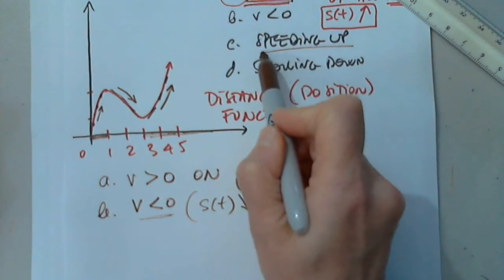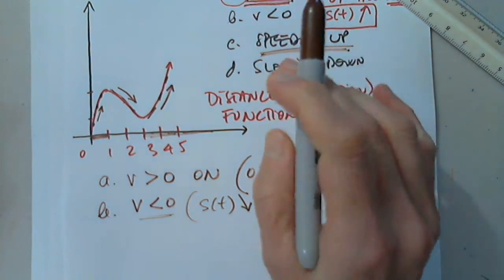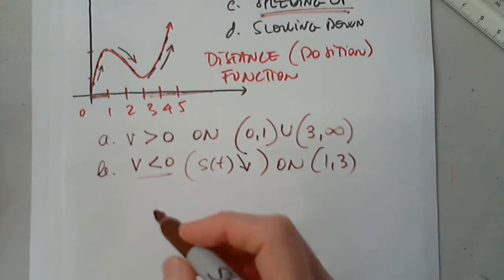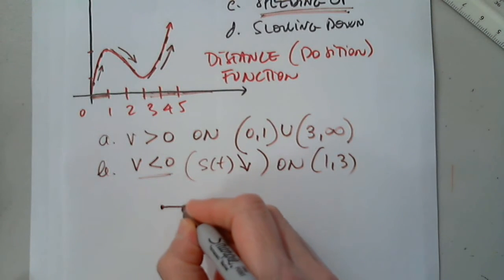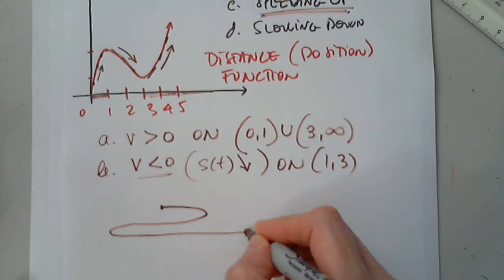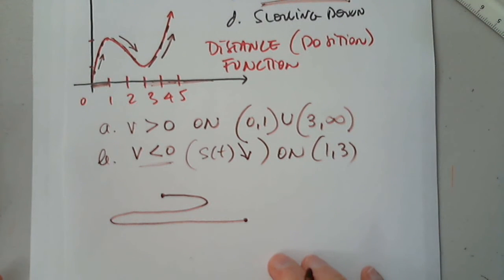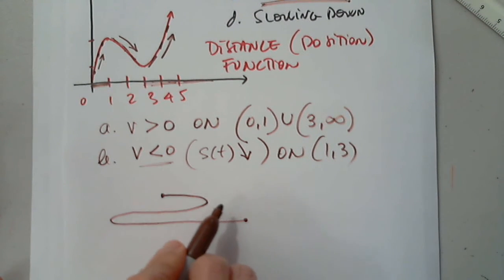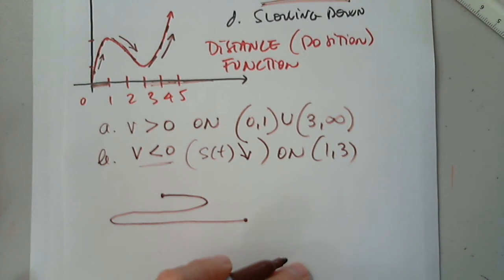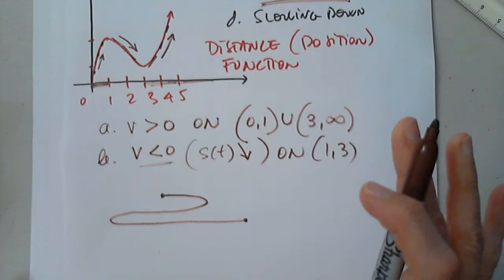When is the function speeding up? Now, let's talk about the velocity being positive or negative one more time. Let's say I have a particle that does this. So it goes this way for 2 seconds, goes this way for 3 seconds, comes back for 4 seconds, it doesn't matter.